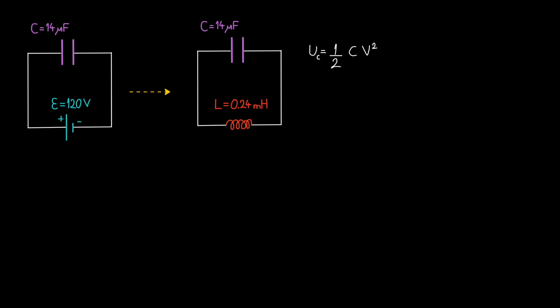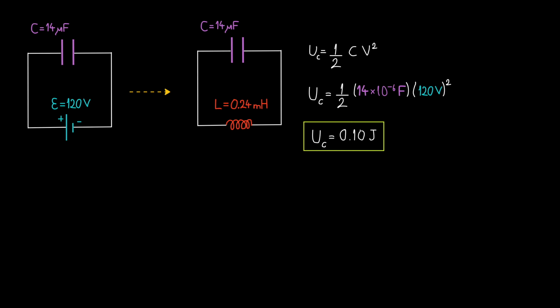Since we also know the capacitance of the capacitor, we can use the formula 1/2 CV squared to calculate the energy stored in the capacitor at t equals 0 seconds. Keeping two significant figures, we get 0.10 joules for the energy stored in the capacitor at t equals 0.